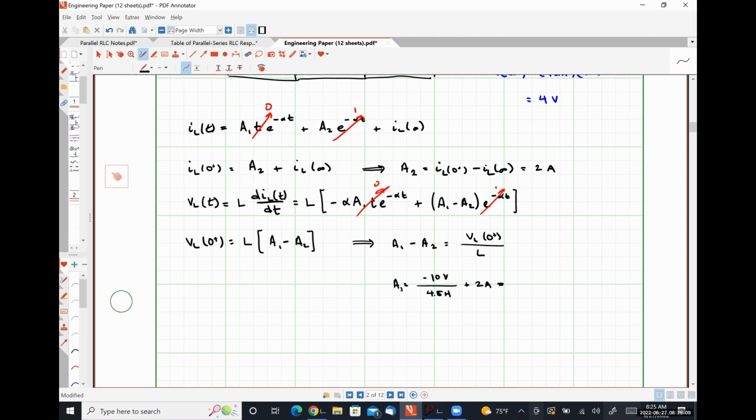So A1 comes out to be negative 0.222, or negative 2/9 of an amp per second.